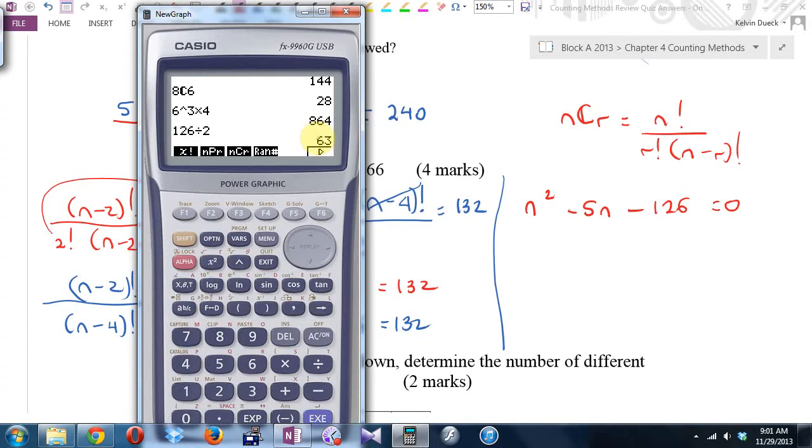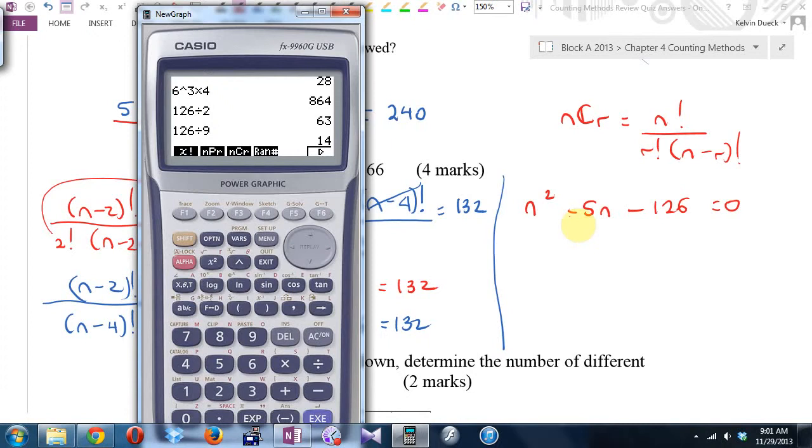And what goes into 63? 9. I'm going to take the 126 and try dividing by 9. Hey, that gives me a 9 and a 14. How far apart are 9 and 14? Would they by chance be 5 apart? I think I can make this work.